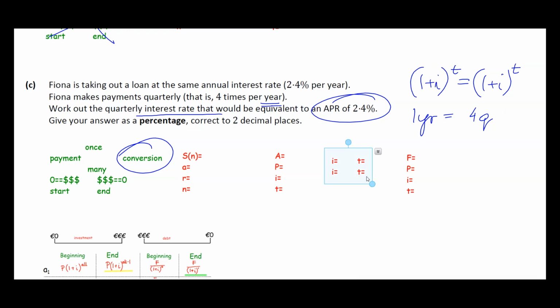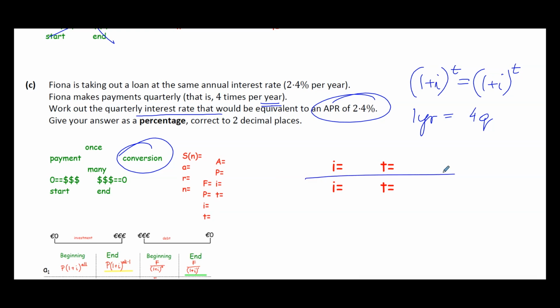What we have to watch out for is what values we are feeding into our formula. So we know time is 1 year. We have the yearly interest, 0.024. The interest I'm looking for is quarterly, so the other i, and then t will be 4 here.